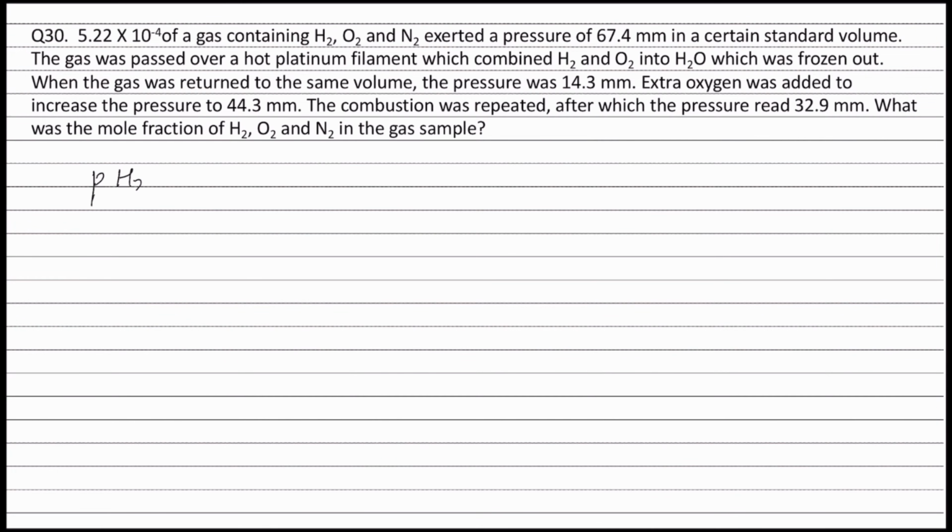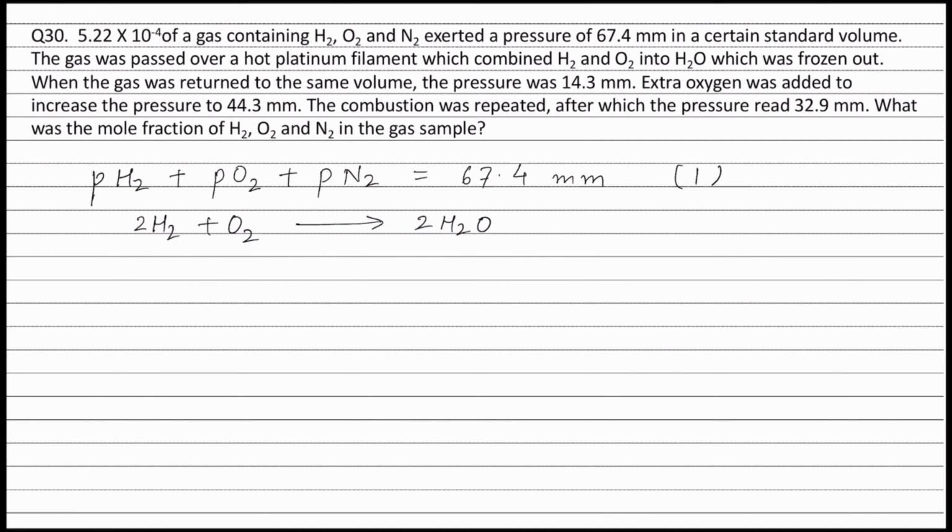Partial pressure of hydrogen plus partial pressure of oxygen plus partial pressure of nitrogen is equal to 67.4 mm. Let this be equation 1. Now hydrogen and oxygen combine to form water and the balanced equation is 2H2 + O2 → 2H2O.